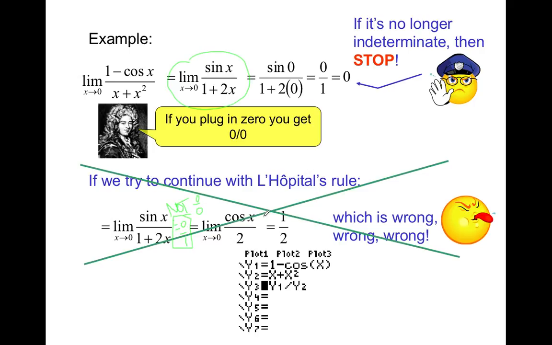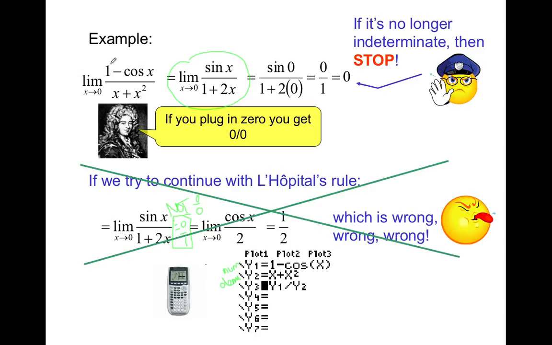And what I'm trying to show down here with the calculator, right? If you put the numerator in y1 and the denominator in y2, turn them both off, and then graph y1 divided by y2, or just put it all in y1. That's kind of easier now with the newer software. You can zoom in or use your table, and you can see that the limit is not a half. The limit is 0.